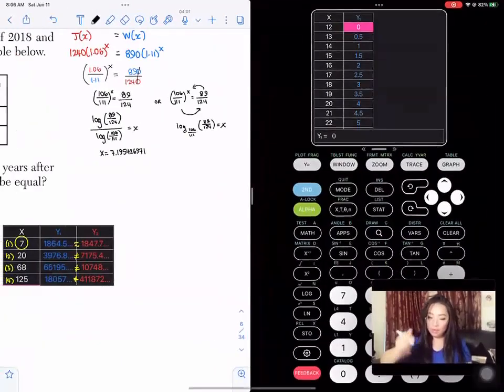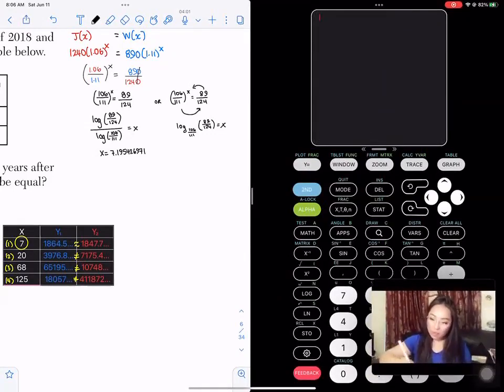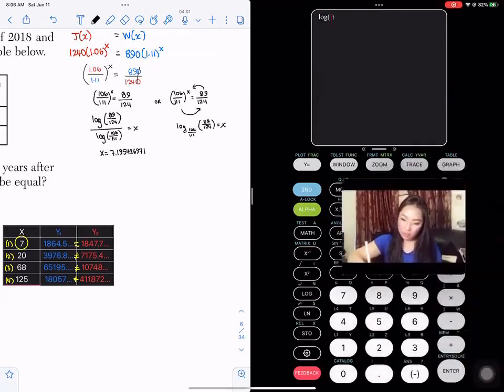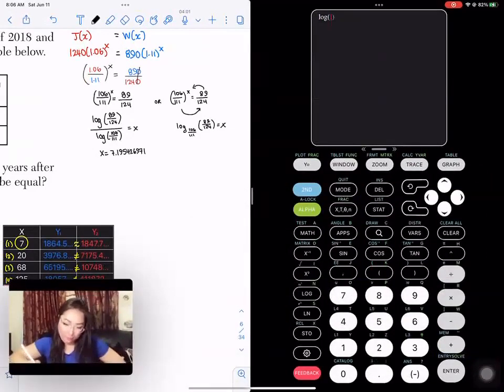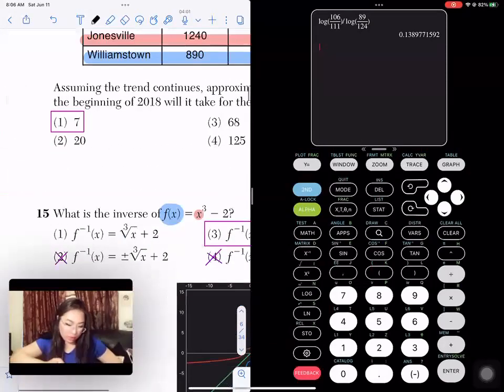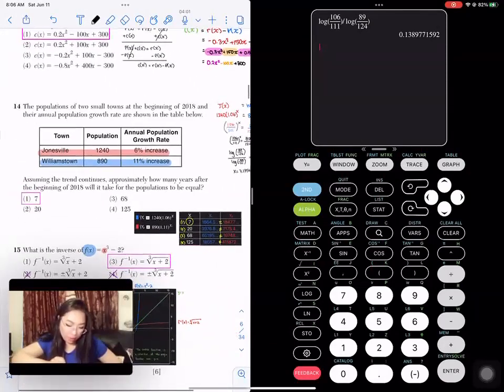So when I go to my calculator, right? So let's do second quit. Log alpha x 106 divided by 111, right, divided by log alpha x 89 over 124, you get, oh, did I mess up? I might be in, I don't think the mode matters actually.